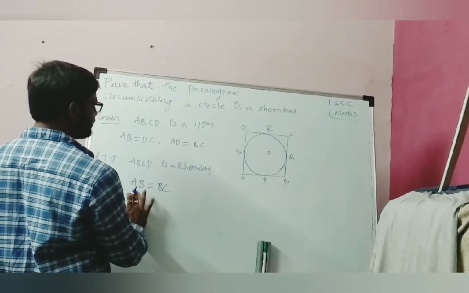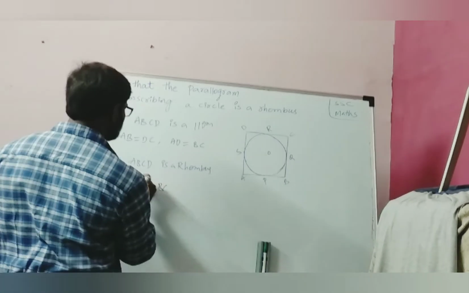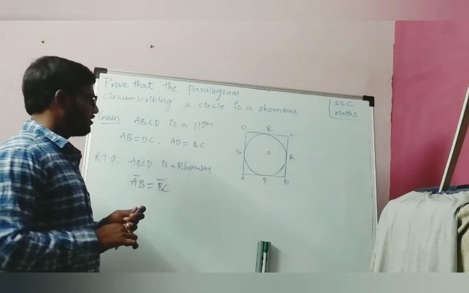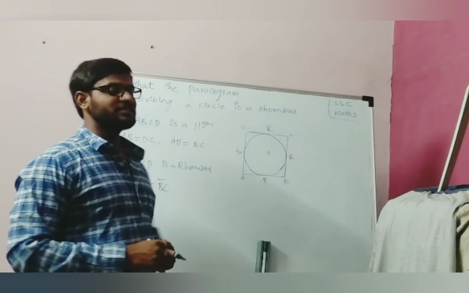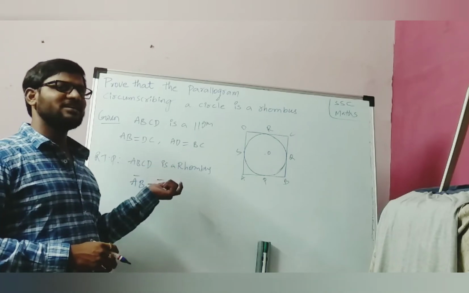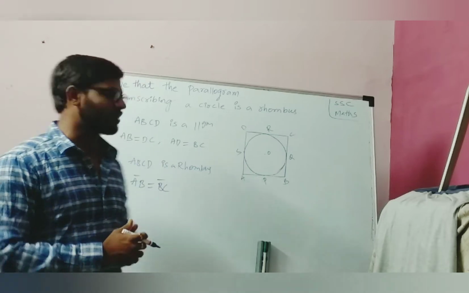Now in this problem I am going to prove AB is equal to BC. So how to prove it? Simple. In theorem 9.2, the tangents drawn from an external point are equal.